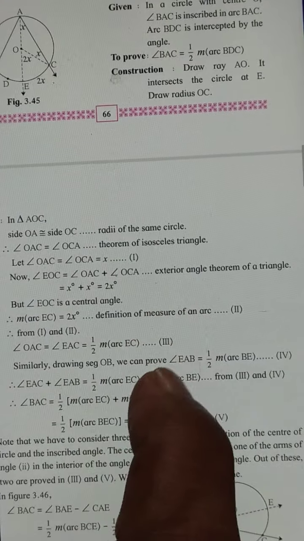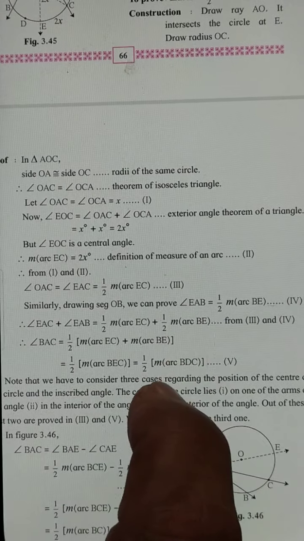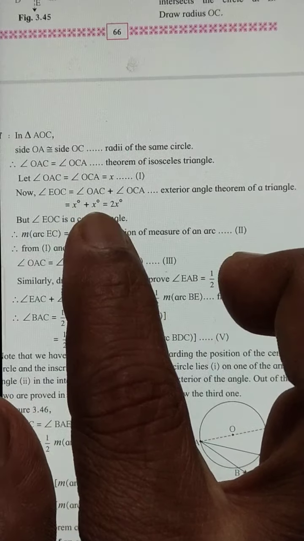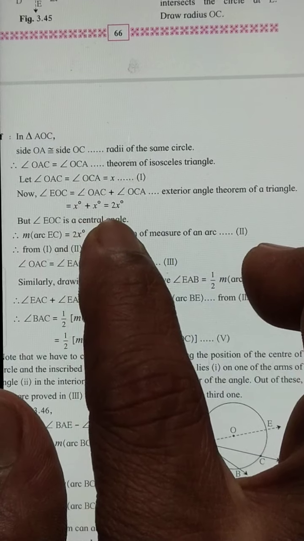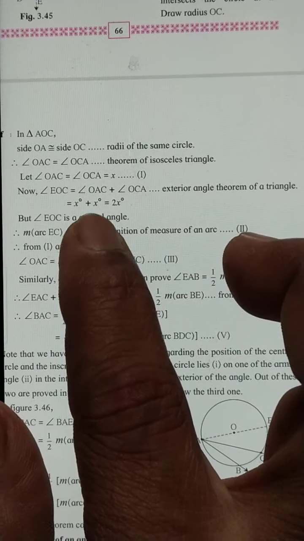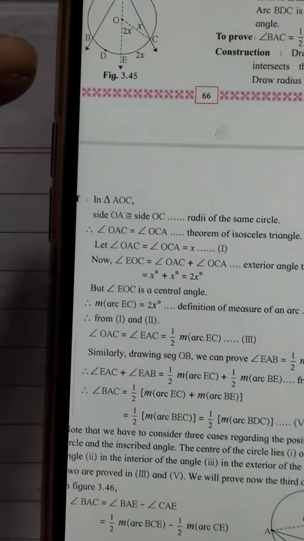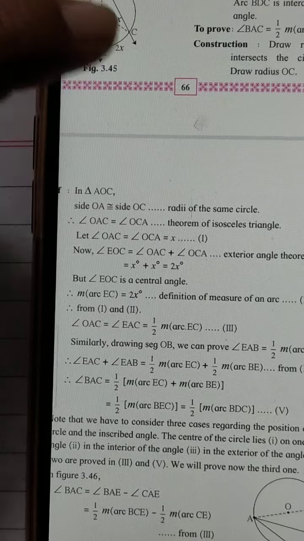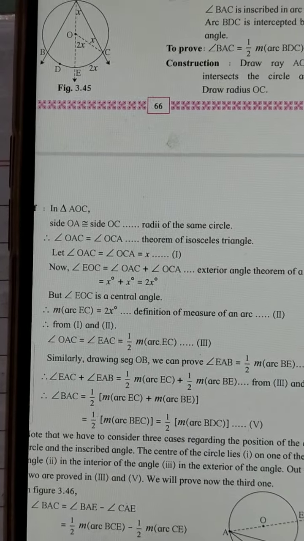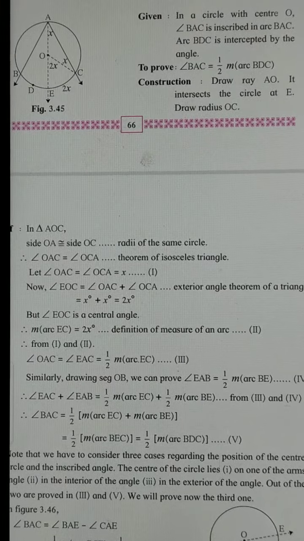Now here OAC plus OCA means x plus x is equal to 2x. So angle EOC is equal to x plus x, 2x.